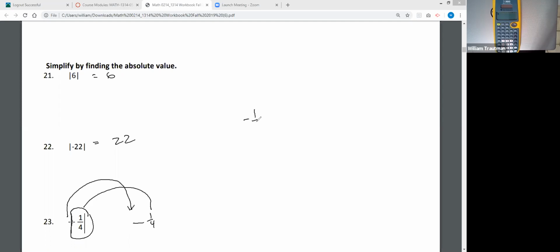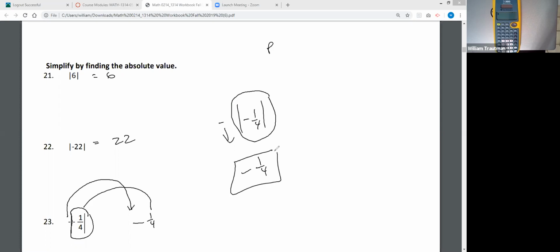So absolute value is a sort of parentheses, so we do that first. The absolute value of negative 1/4 is a positive 1/4. Negative 1/4 is 1/4 away from 0. Once we do that, we still have a negative in front of it. So the final answer is negative 1/4.